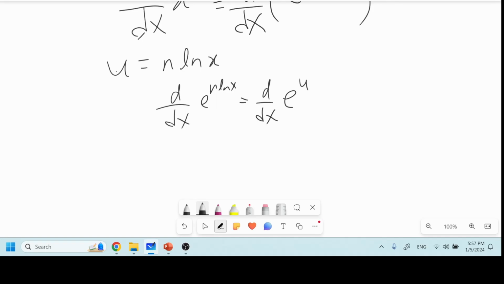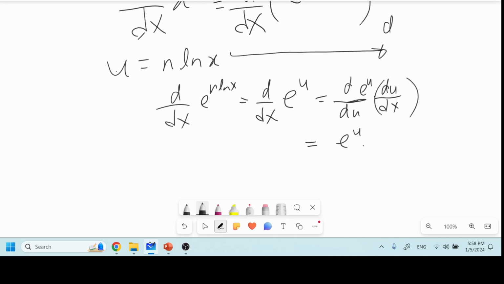So we will then apply the chain rule that will give us d/du of e^u, and du/dx. d/du of e^u just gives us e^u, whereas du/dx could be calculated from here. du/dx is then equal to n times d/dx of ln x, which is 1 over x. So I write down du/dx to be n over x.